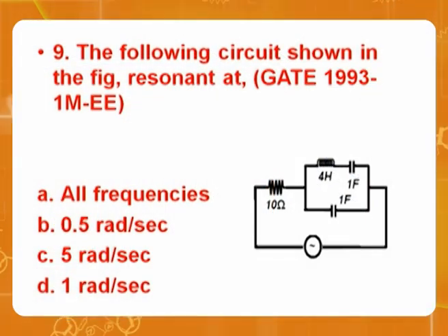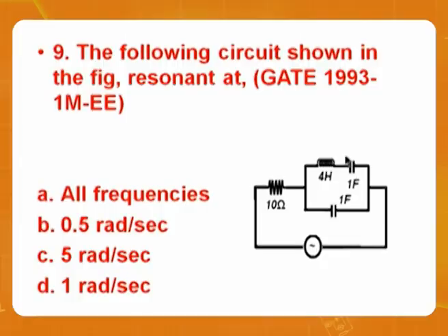9th one. For the circuit shown in the figure, we have to calculate the resonant frequency. The options are 0.5 radians per second, 5 radians per second, 1 radian per second, 10, with 4 henry and 1 farad, 1 farad. This is what we have. As I told you, for any resonant circuit, we will calculate the impedance and put the j term to 0.